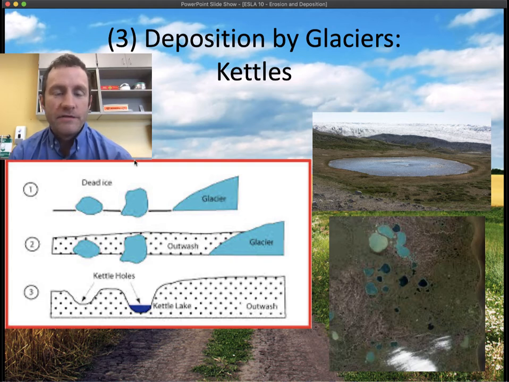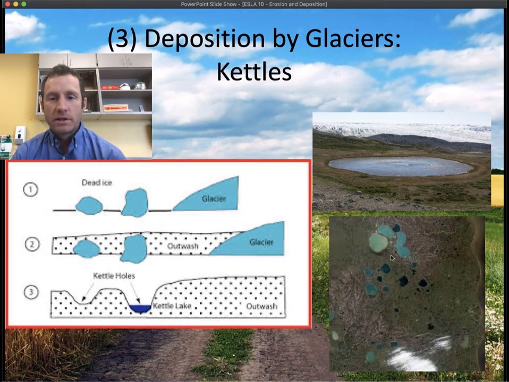Another type of feature that we can see are kettles, which are tiny little lakes that occur in usually flat areas where a glacier once happened. So as a glacier retreats, maybe because of warming temperatures or something like that, it might leave behind a couple large chunks of ice that don't melt as quickly, or perhaps are covered in such a way that they don't heat up and they might stay cold enough.